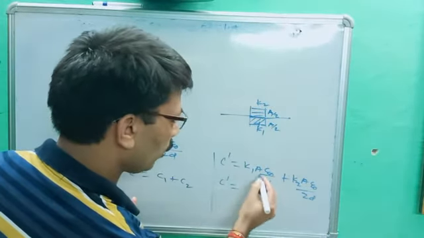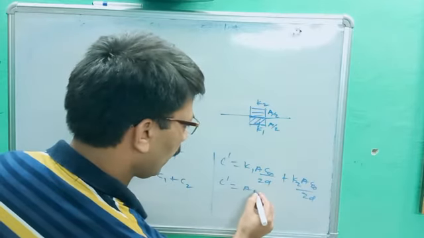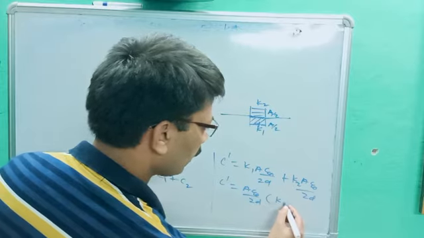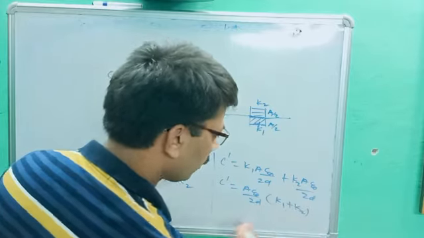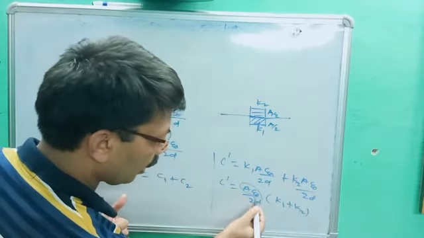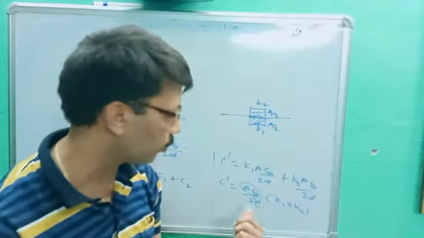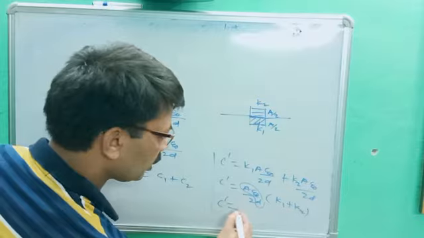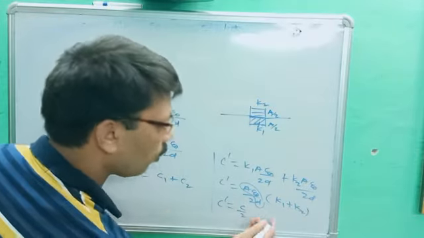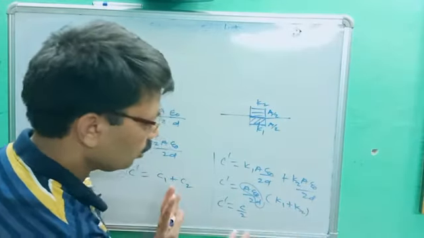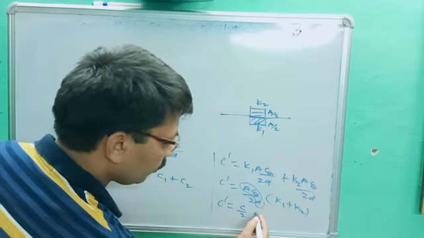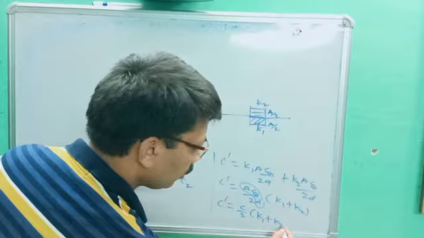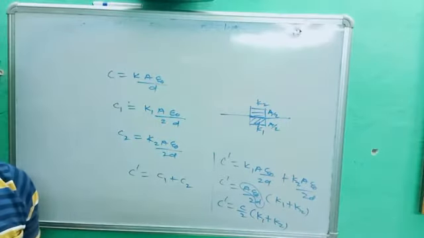C dash is equal to A epsilon naught upon 2D, which is common, times what is inside: K1 plus K2. But we know that A epsilon naught upon D is the formula for a parallel plate capacitor, so we can write it as C. So C dash is equal to C by 2 times K1 plus K2. Are you getting? So this is the answer for you.